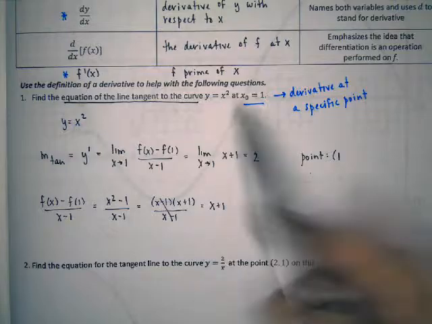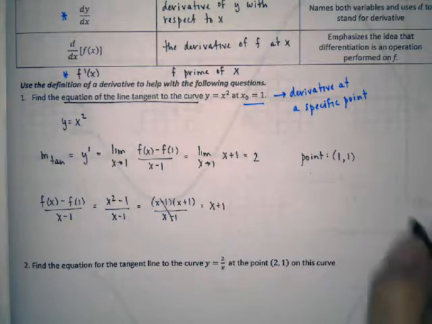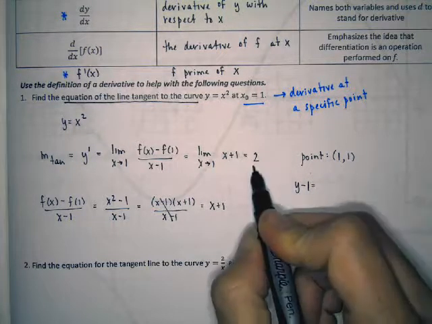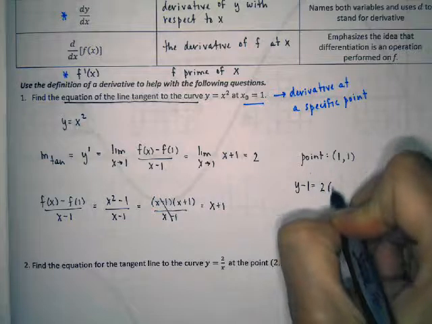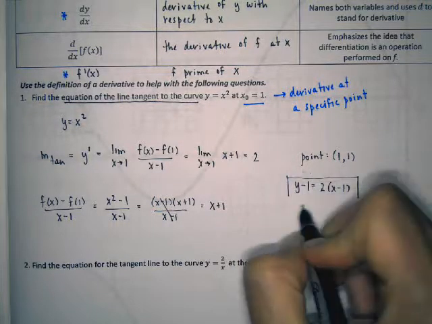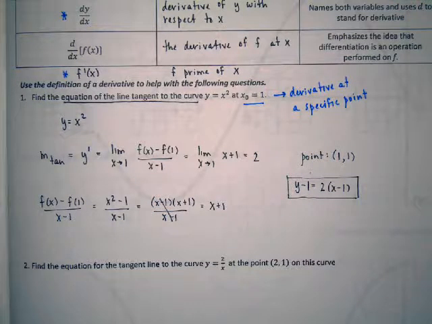And when I plug that back into my function, I get 1 for my y value as well. So now I can write my equation, which is y minus 1 equals my slope of 2 times x minus 1. And there's the equation of the tangent line for that function.